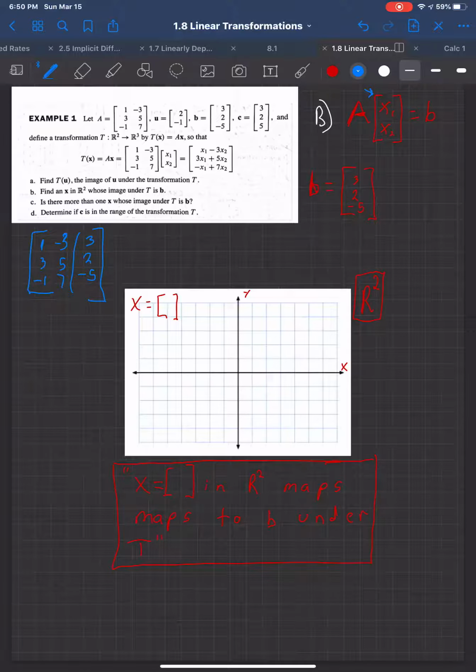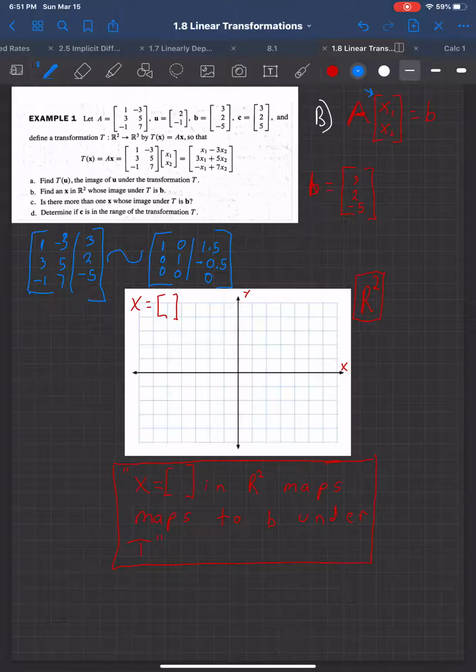You know where we're going with this. We have set up our matrix. We're going to row reduce, and let's see what comes back out. We have 1, 0, 0, 1, 0, and then 1.5, negative, I believe that is 0.5, 0.